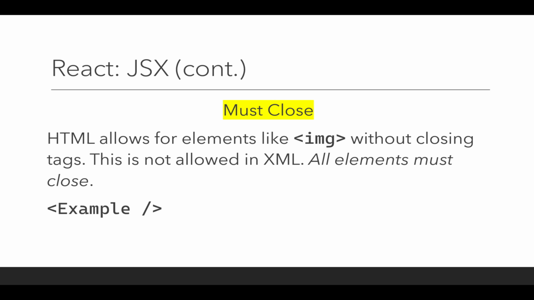Regardless though, and again inherited from XML, all elements must close. It is an error if an element does not close, and JSX will not work correctly and neither will React. So based on both of these, that elements must be wrapped, again pulled from XML, and all elements must close, again pulled from XML, we move into the third and final rule.